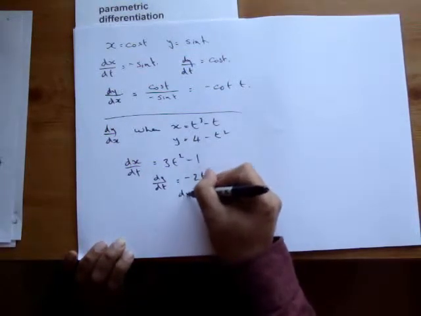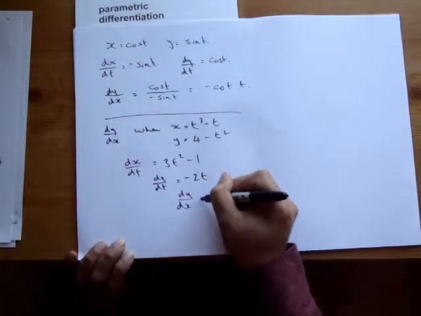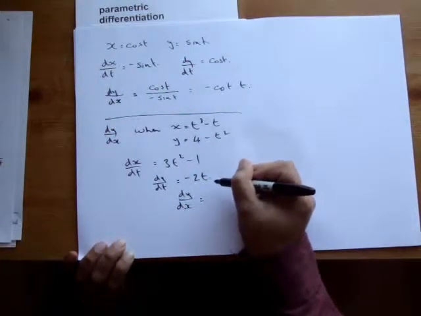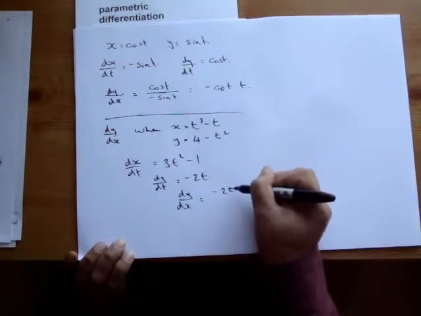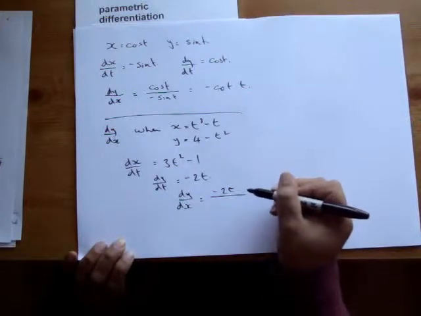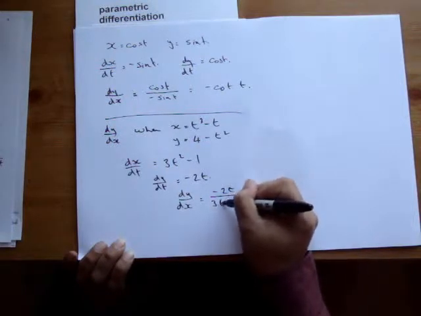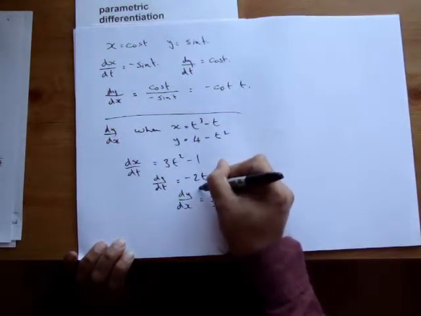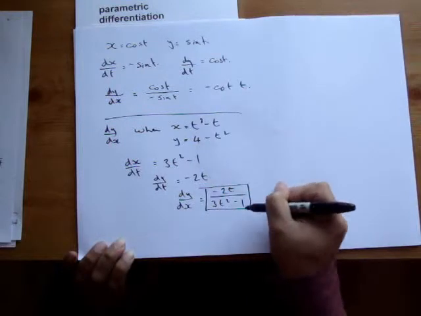So dy by dx is dy by dt, which is minus 2t, divided by 3t squared minus 1. And that is your answer.